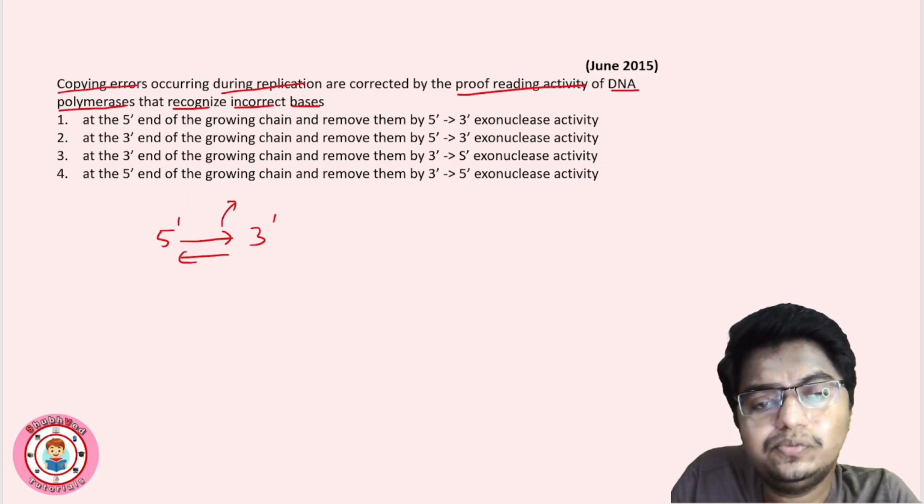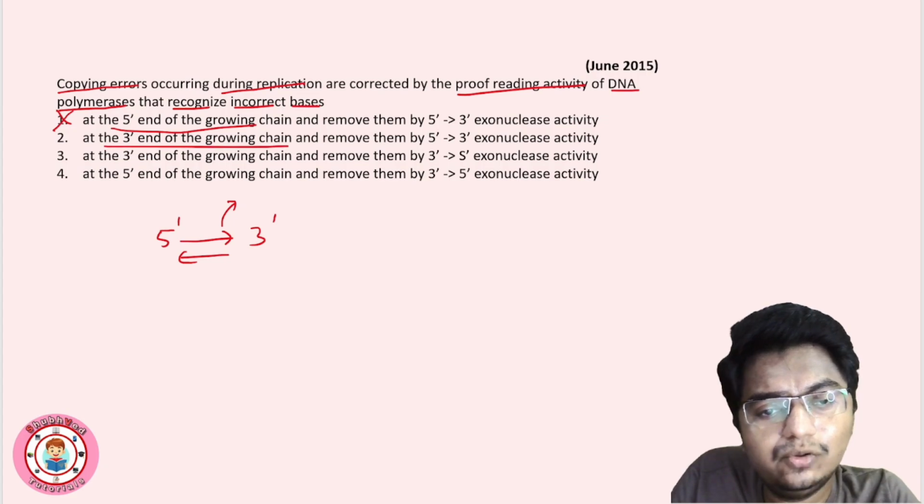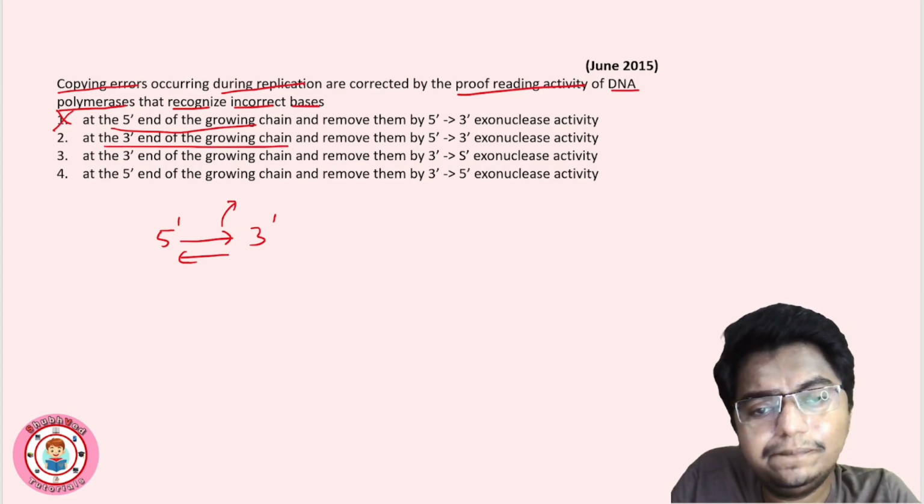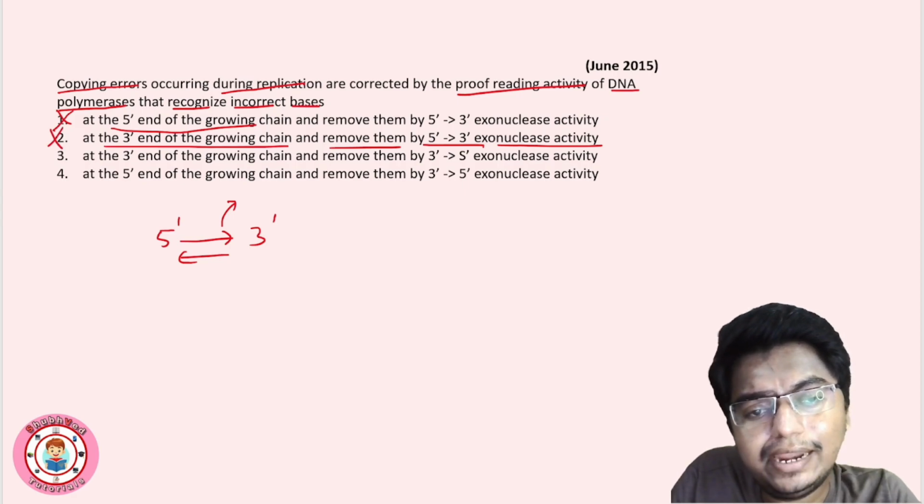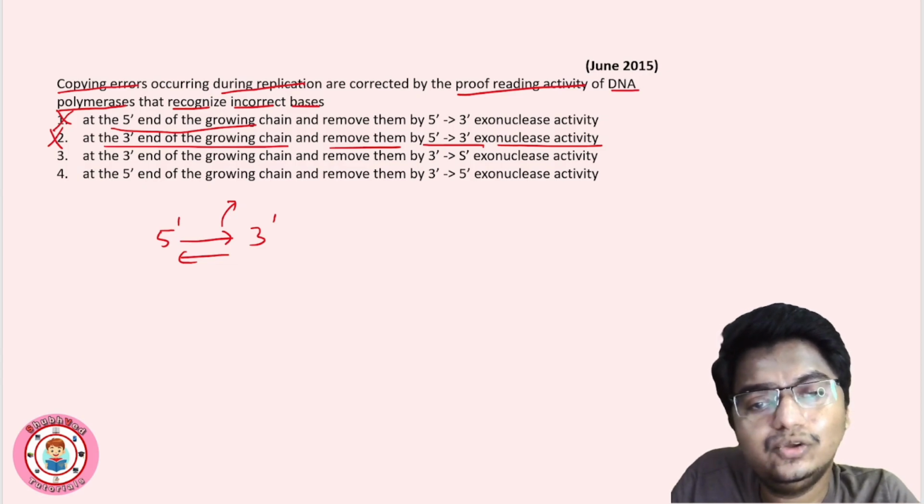So the options: the first option is at the 5 prime end, so this will be wrong. Second, at the 3 prime end of the growing chain, this much is correct, and remove them by 5 prime to 3 prime exonuclease activity, so wrong again. Why? We saw it should be at the 3 prime end, remove them by 3 prime to 5 prime exonuclease.